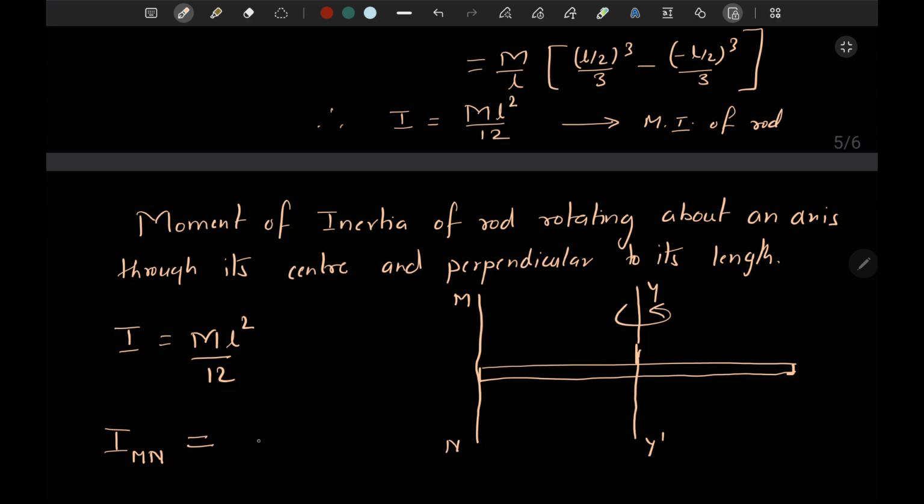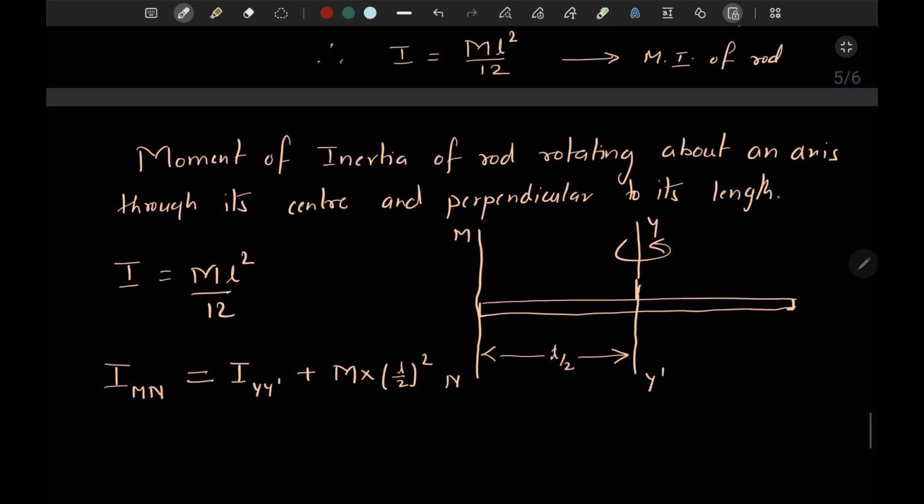This is defined as the moment of inertia through the center of mass, that is y dash, plus the total mass into the square of the distance between the two axes.